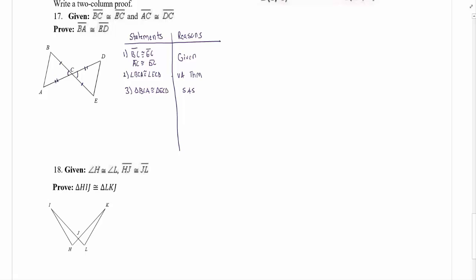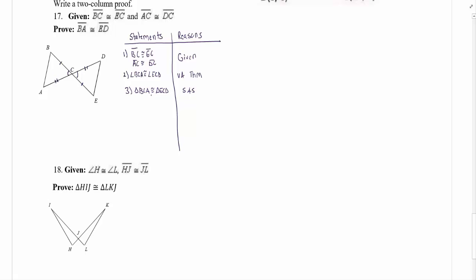The order matters when you do your congruent statement. Since I already thought about it up here, I made sure I did it correctly. I did B, you see that 1 tick mark, BCA. So I did the 1 tick mark side first, I went ECD, and the order has to match, which it does. You can't just do it in any order that you want, or else I will mark that wrong.